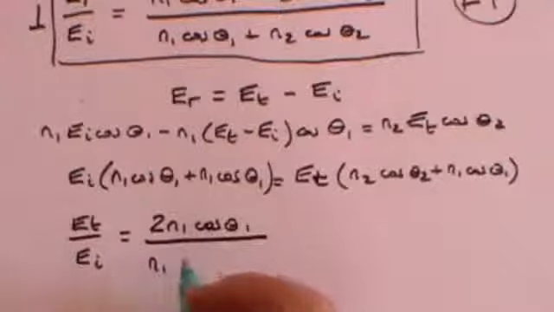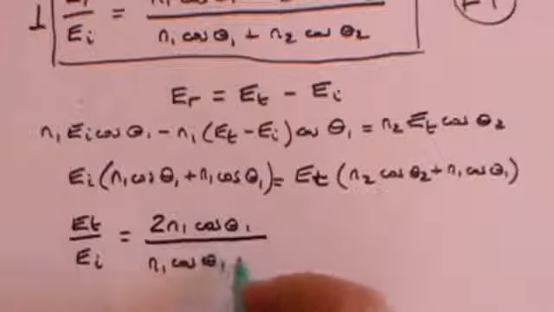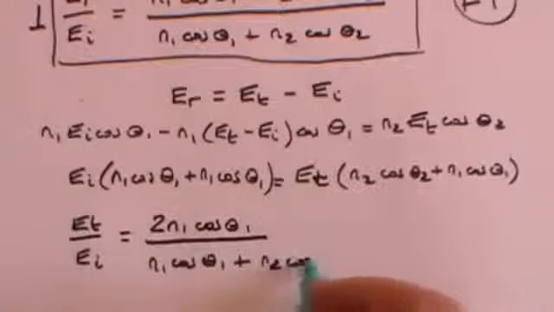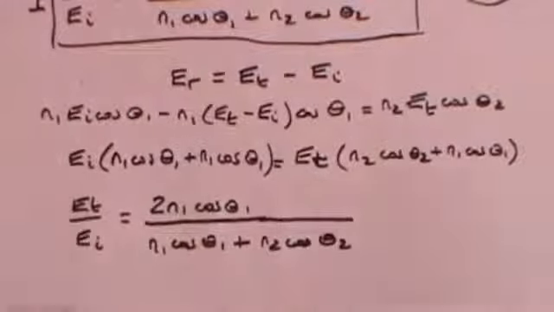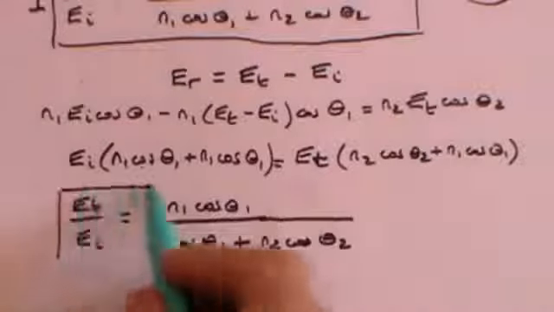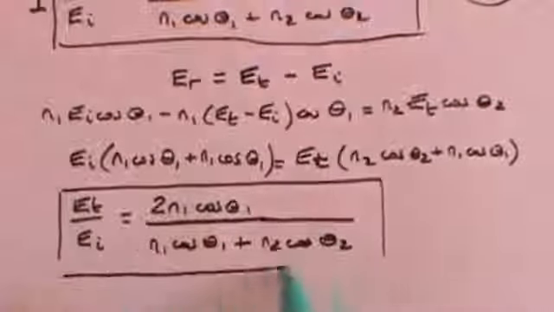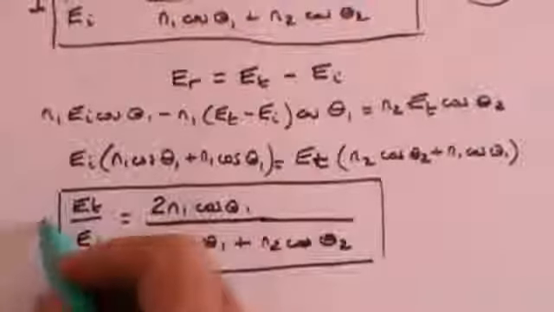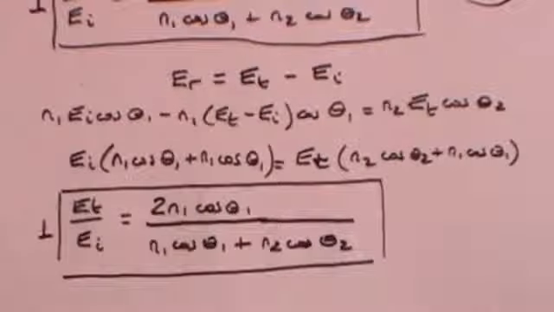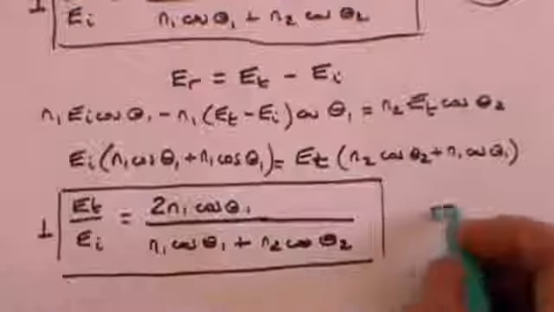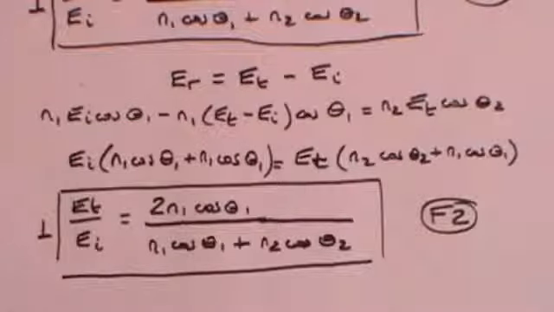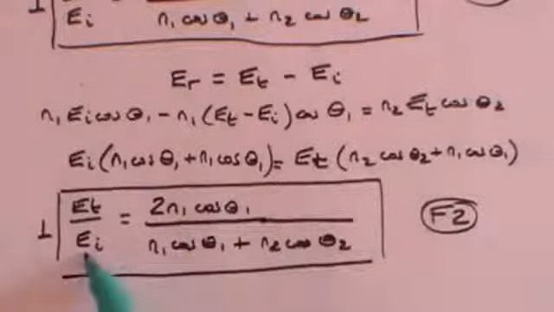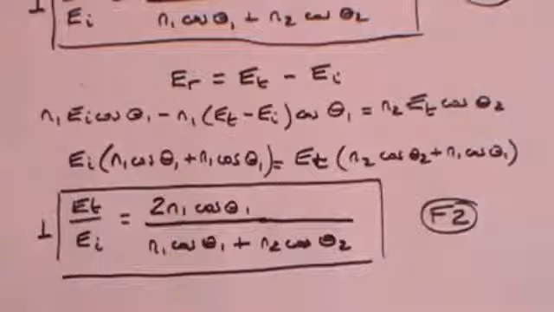That becomes N1 cos theta 1 plus N2 cos theta 2. And that is Fresnel's second equation. We must remember that it relates to the perpendicular value of E. It relates the transmitted or refracted electric field to the incident electric field.